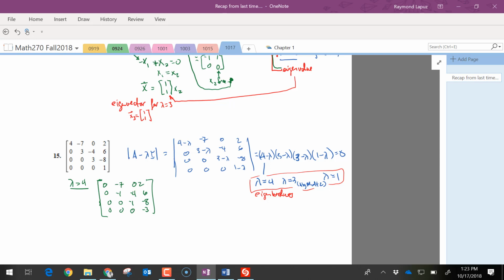Is x1 a free variable? It seems like x1 can be whatever it wants it to be, right? Let's see if we can continue to reduce. How should we do this?